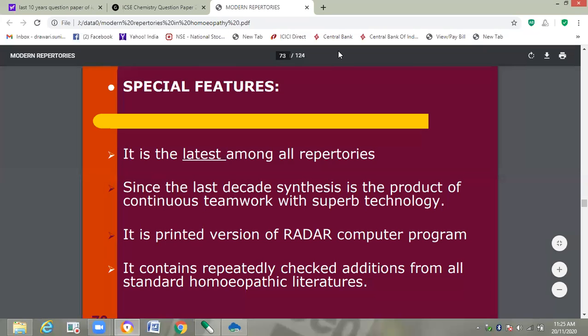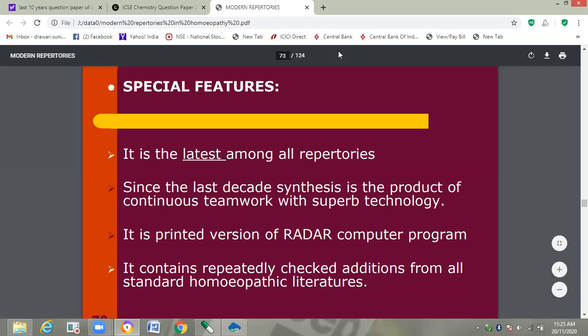We can repertorize very well using this Synthesis repertory. This is about the 7th version of Synthesis repertory.